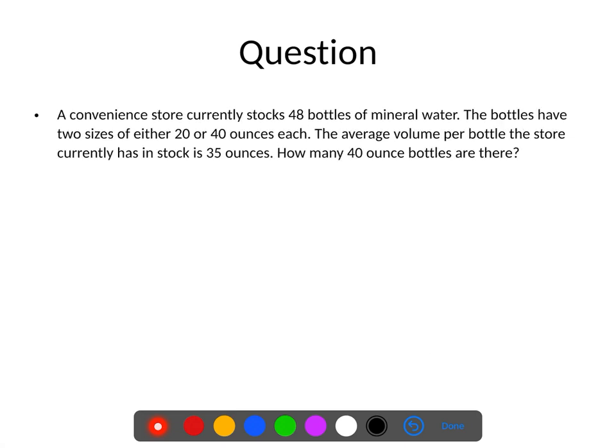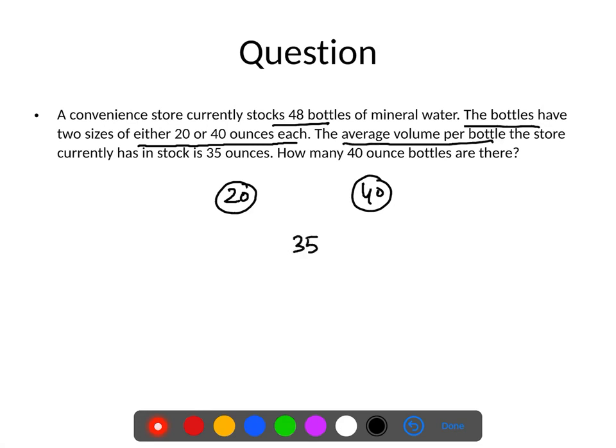Let's take one more question. A convenience store currently stocks 48 bottles of mineral water. The bottles have two sizes, either 20 or 40 ounces each. So again, 20 is one value, 40 is another value, and we are talking about the combined average, which is 35, average volume per bottle. Take the differences, 15 and 5.